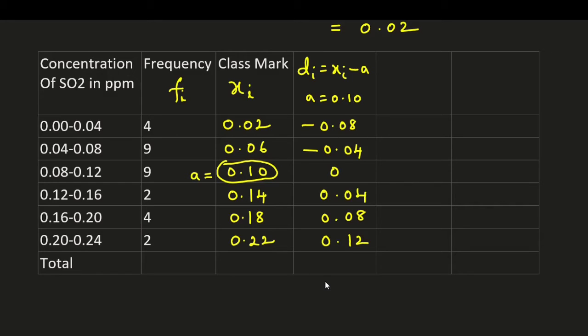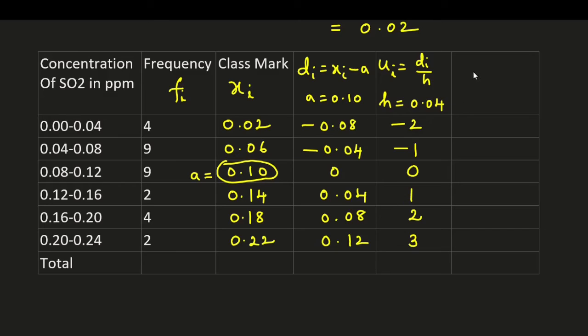Observing these deviations, we know that these are the multiples of 0.04. So let us take h as 0.04 here and find ui values. Ui is equal to di by h. Here we get minus 2, here minus 1, here 0, here positive 1, here 2, then 3.